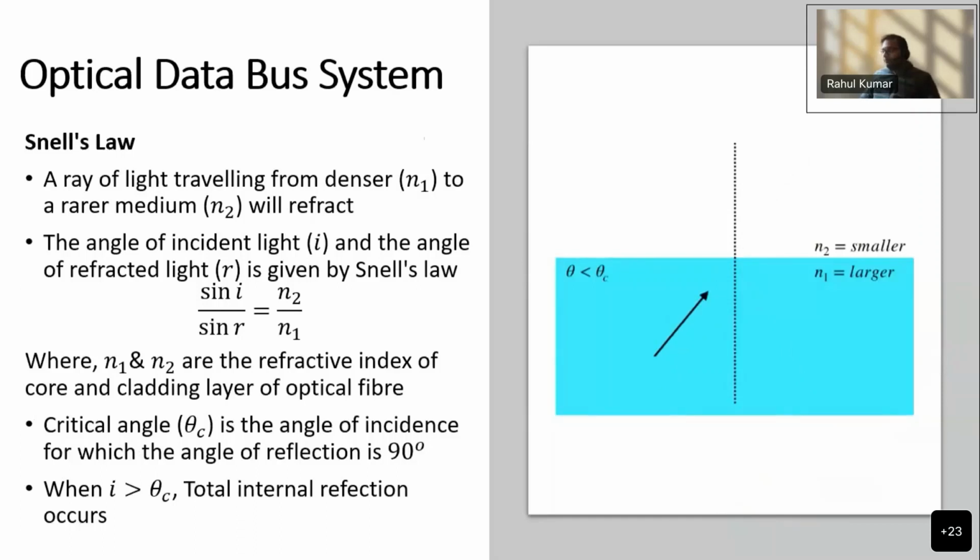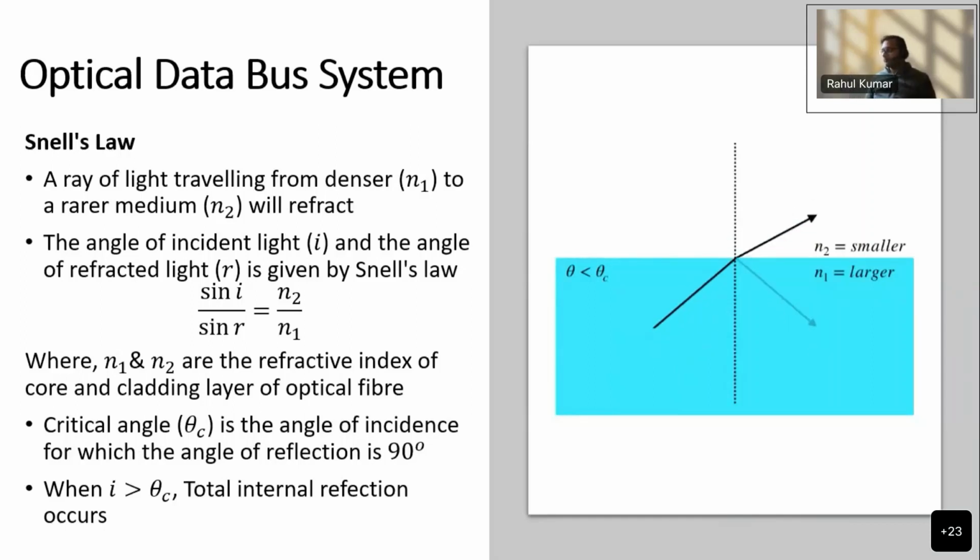Now, before discussing the optical fiber, or optical data bus, let me quickly remind you of some of the basic concepts of light transmission.